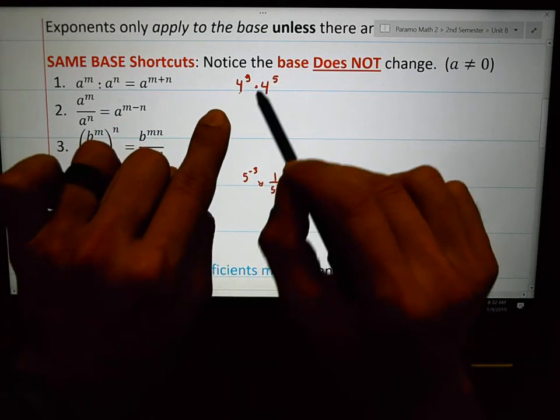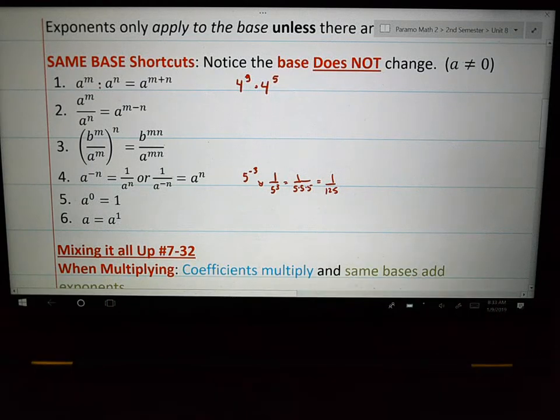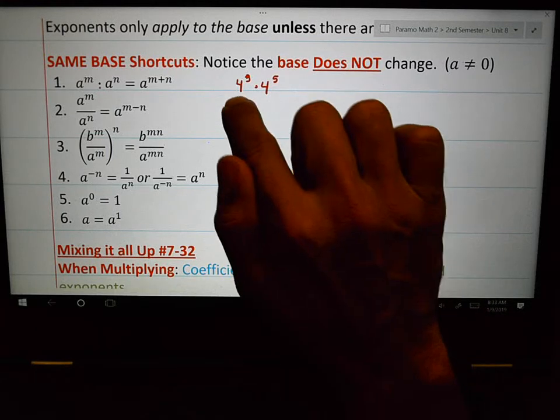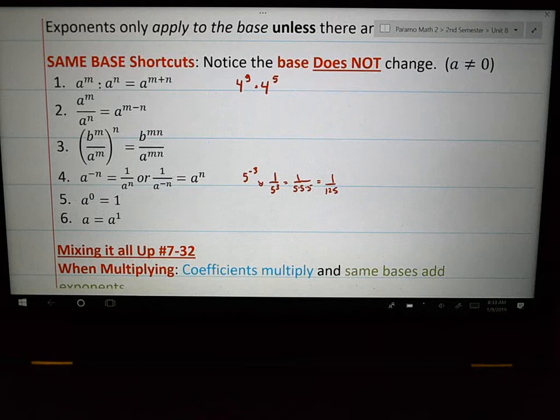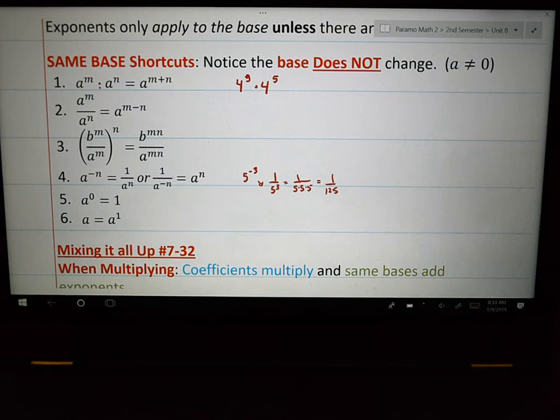These two bases are the same. When you see A and A in the rule, we're not really saying A, we're saying that it could represent anything that has the same base as each other. Is the base of 4 and the other base of 4, are those the same? If they are, then what we can do is add their exponents.